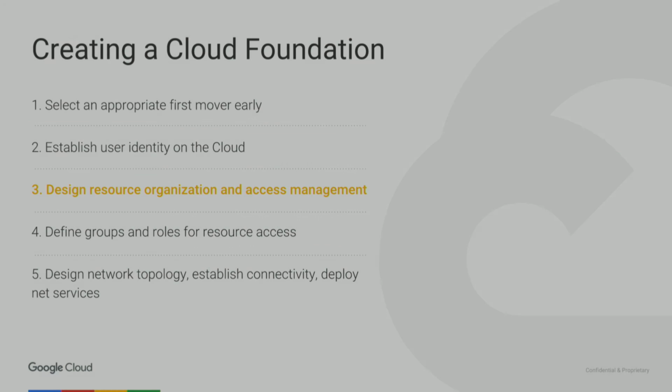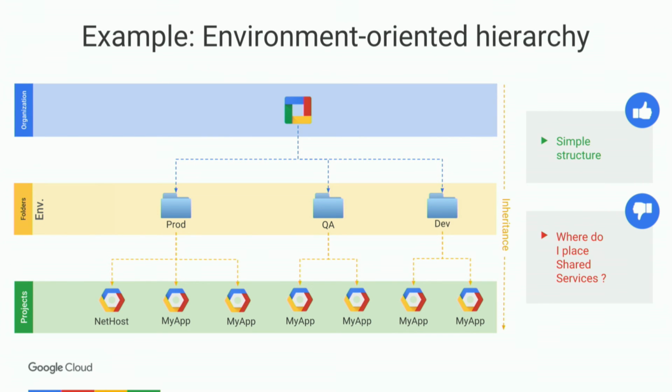If we take a look at, say, the simplest way of organizing a company, you have an organization at the top, then folders for environments, and then applications underneath. The great thing about this is it's fairly simple and intuitive, and does not get complicated very soon. On the downside, this is not something that lends itself to flexibility. If you have environments that don't quite fit in here, or things like shared services, you have no acknowledgement of the different divisions within a company.